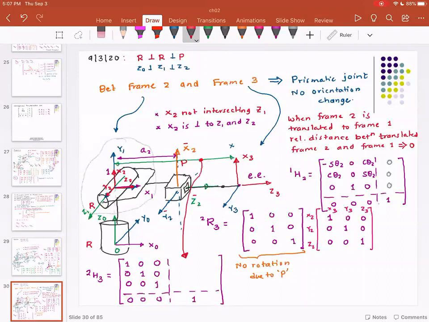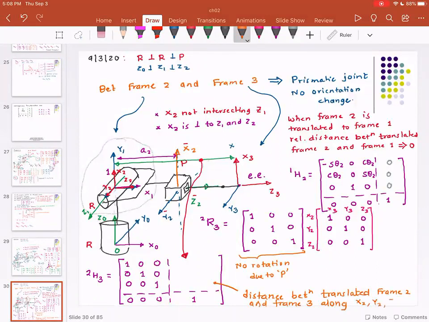So here you will have the distance between translated frame 2 and frame 3 along x2, y2, z2.